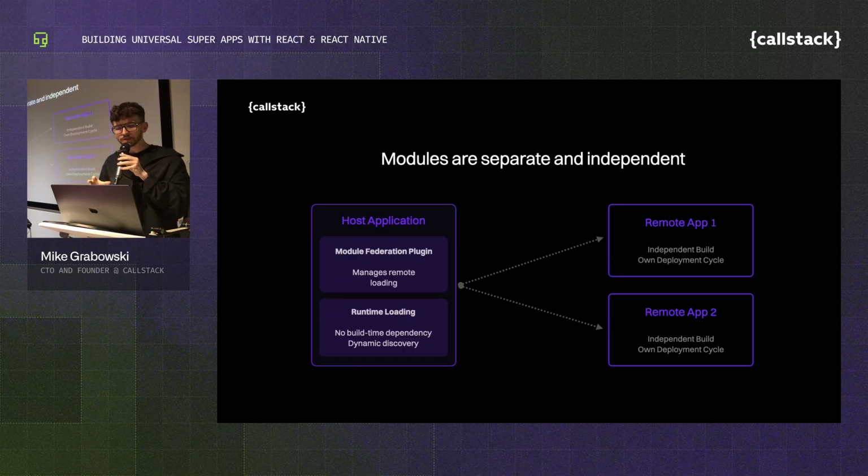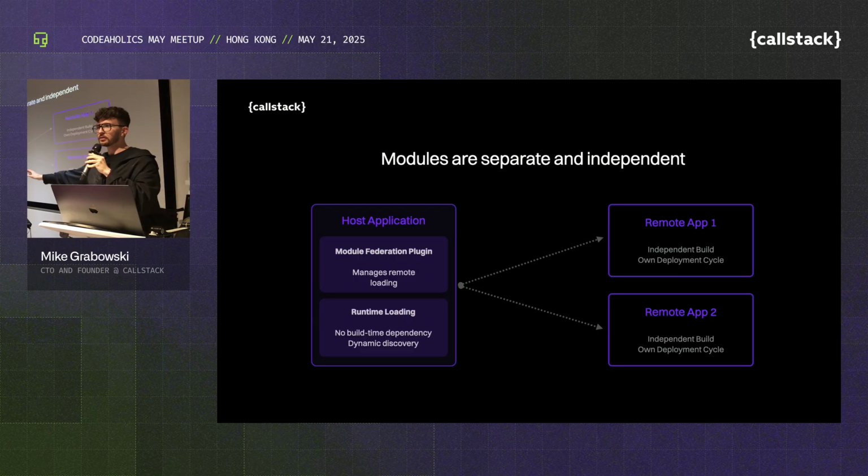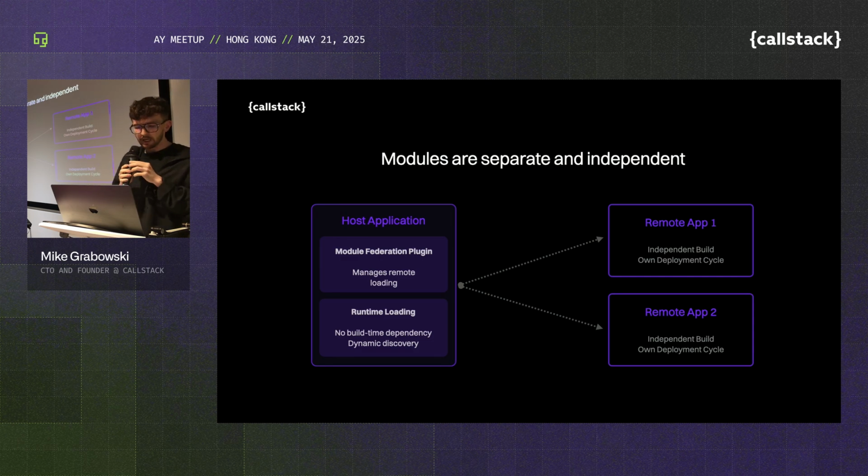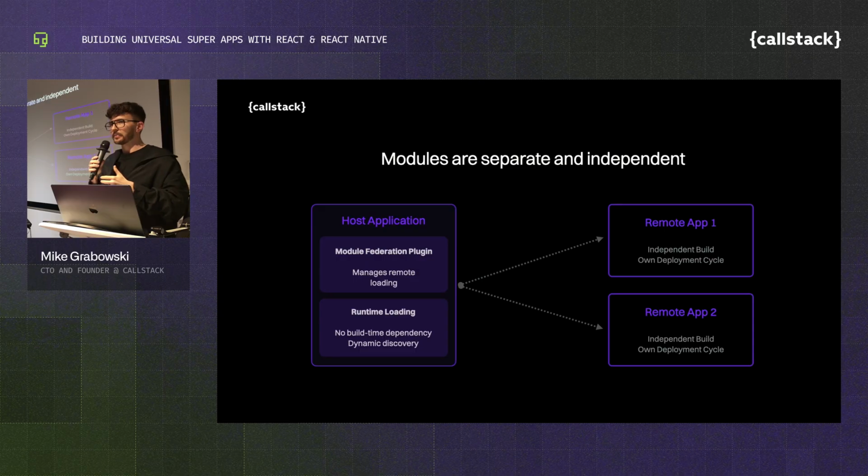The key difference is that you can do that independently, right? You can imagine having 5 different teams building 5 different applications, sending the end result to an entirely different team or maybe a product team, and that team will compose the final product. They don't have to share the build pipeline because they can use module federation for that.